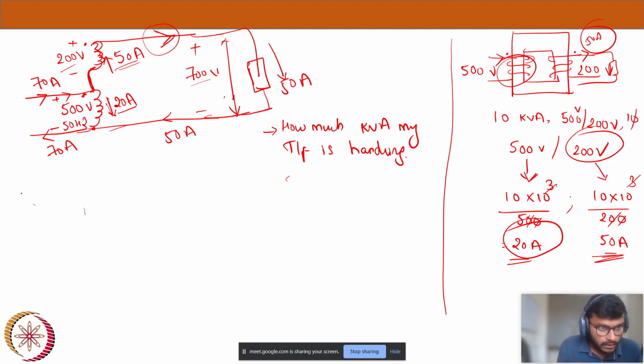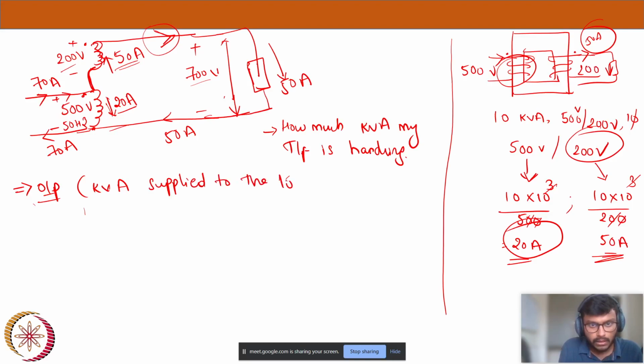Now let's calculate. From the load side, output side, we call it kVA supplied to the load.